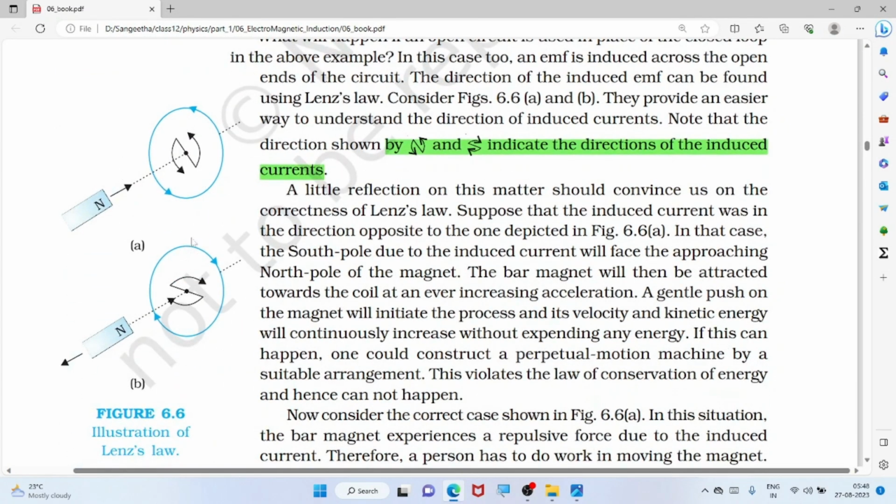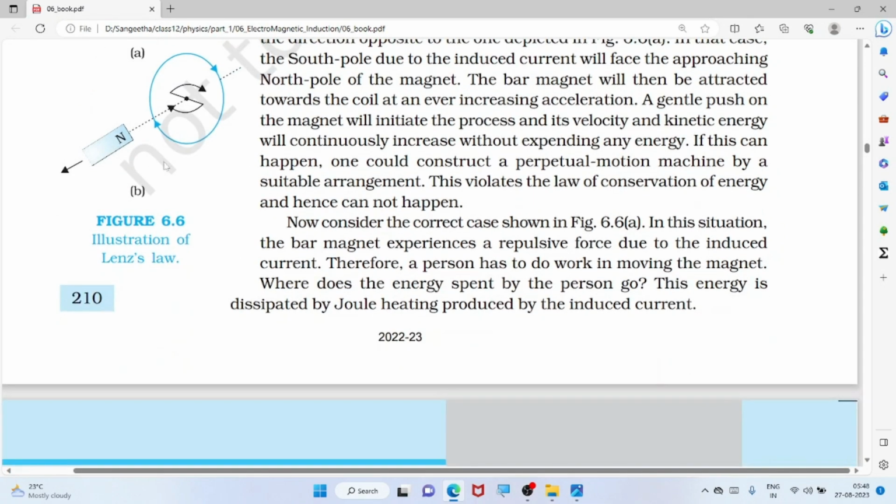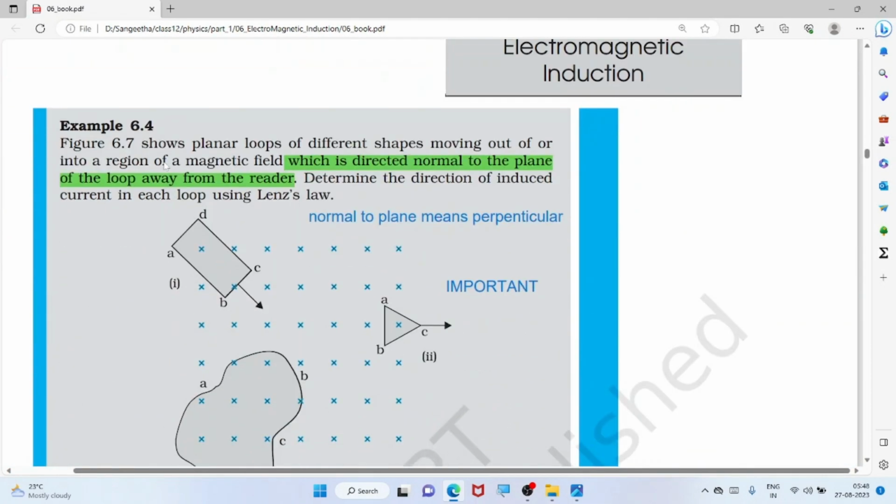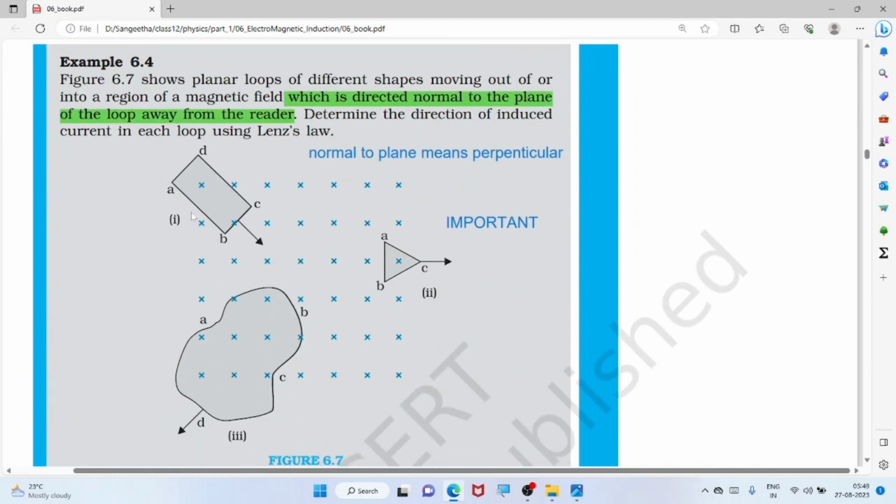See here, when the magnet is moved the current is in this direction, and when it is going away the current is in the opposite direction. Here this loop is moving towards the field, and this one is moving away from the field.